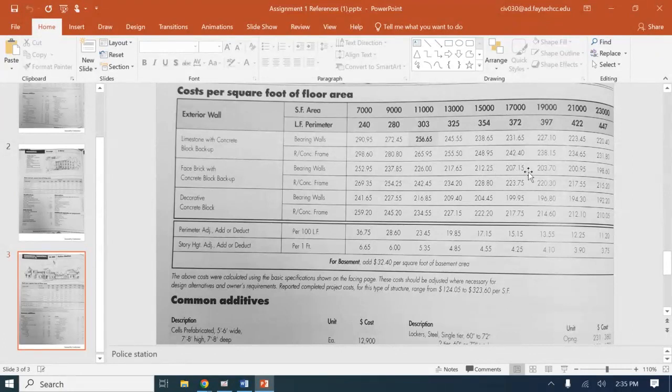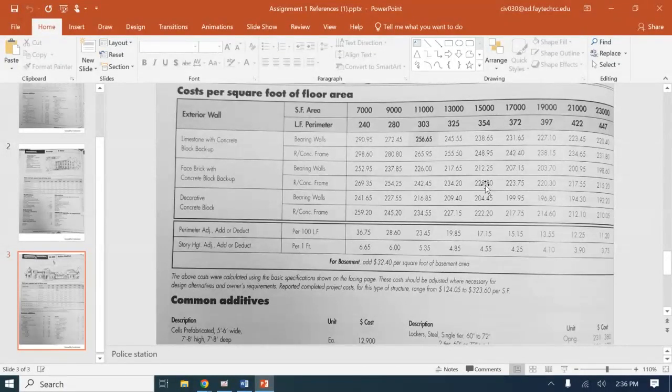I'm reading $207.15. And then for 19,000, I'm reading $203.70. So you want to set that one up to interpolate and figure out what the cost would be at 18,700.